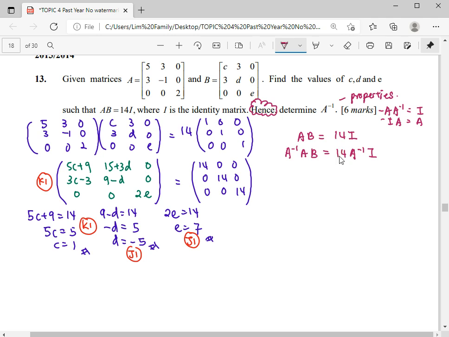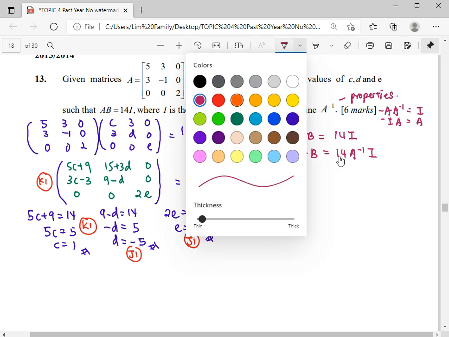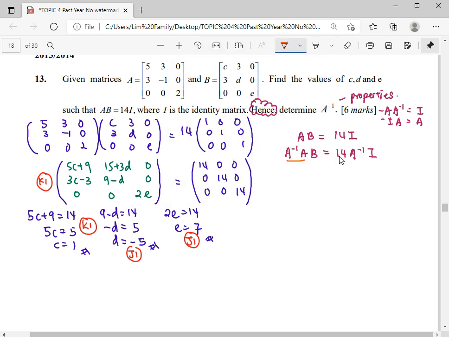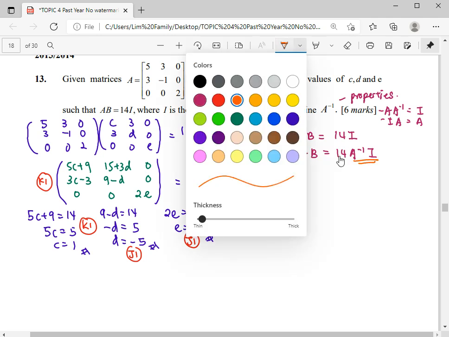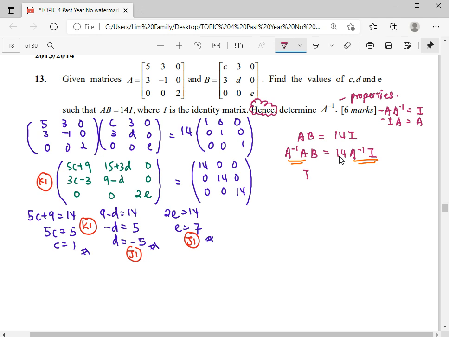Now we apply our properties. A inverse times A is I. A inverse with A, I get identity. Then any matrix times identity gives back that matrix. So this is how we get A inverse.